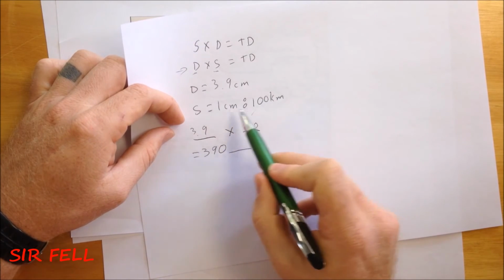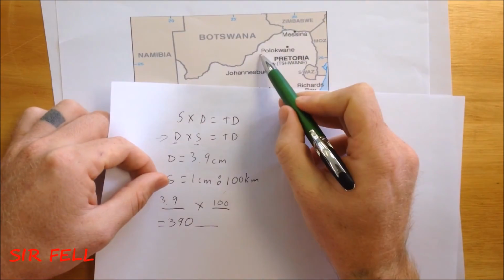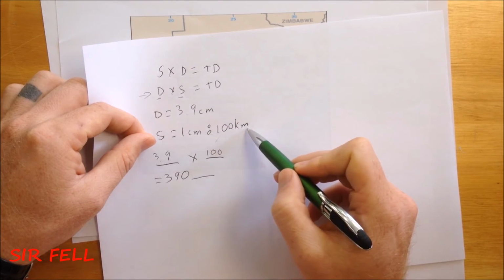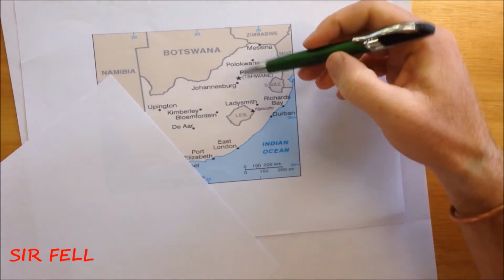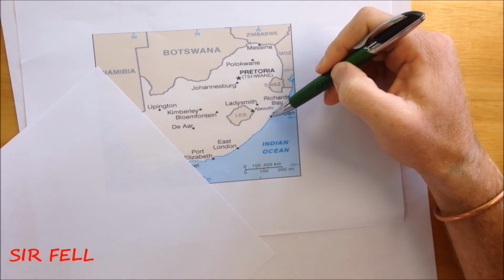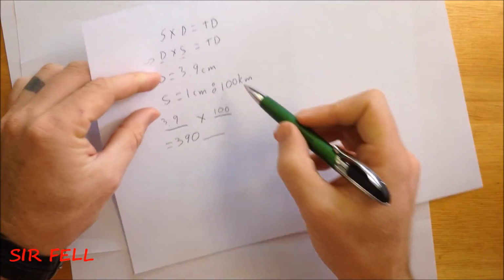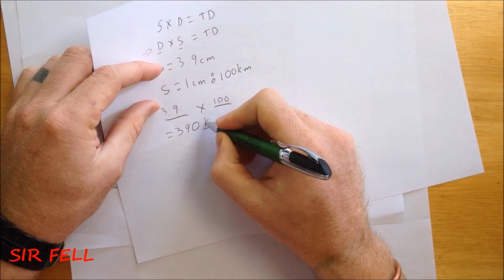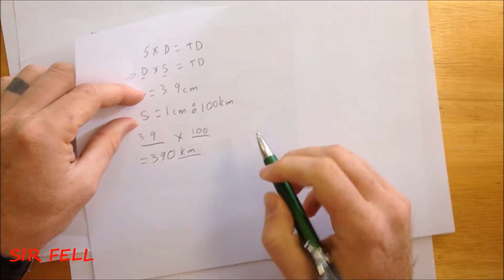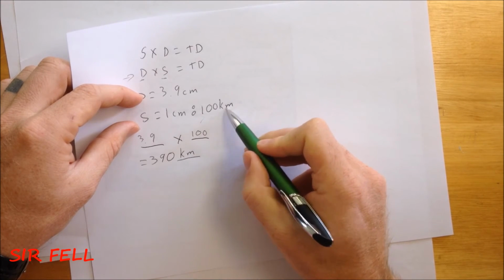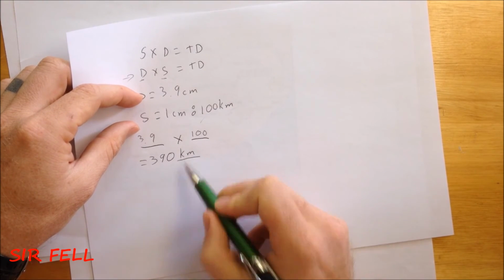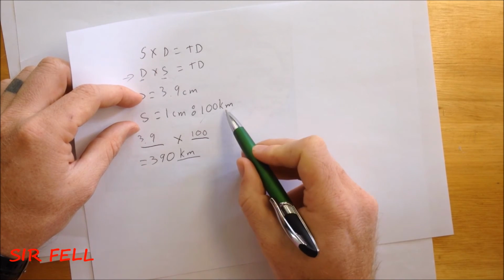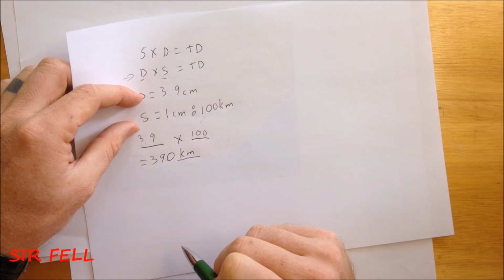My scale said 1 centimeter on the map represents 100 kilometers in reality, and I'm trying to work out the distance from Johannesburg to Durban in reality. So I'm going to use this value in kilometers. That's 390 kilometers. Whatever unit my scale is in, I'll have the same unit in my answer. If that's in meters, my answer is in meters. If that's in centimeters, my answer is in centimeters.